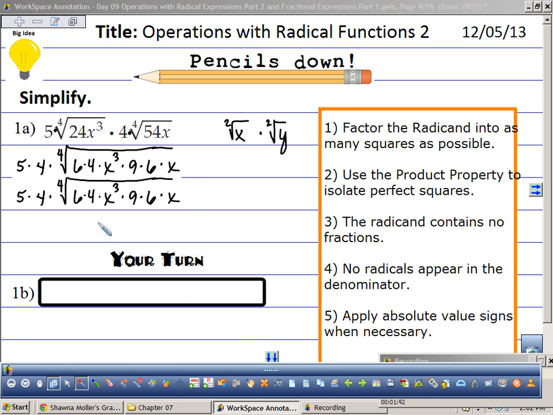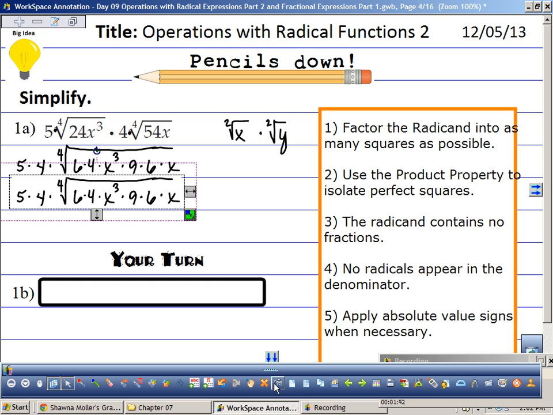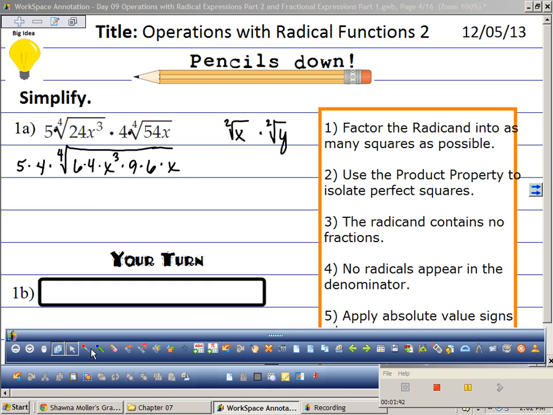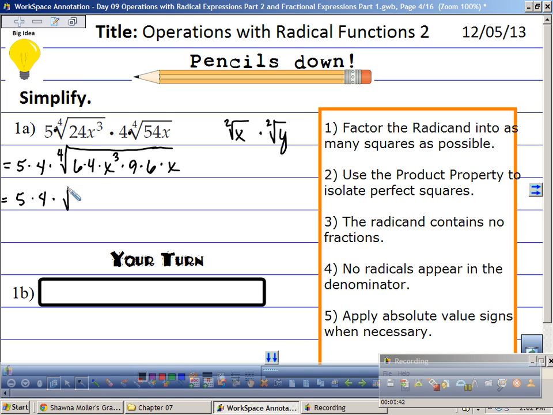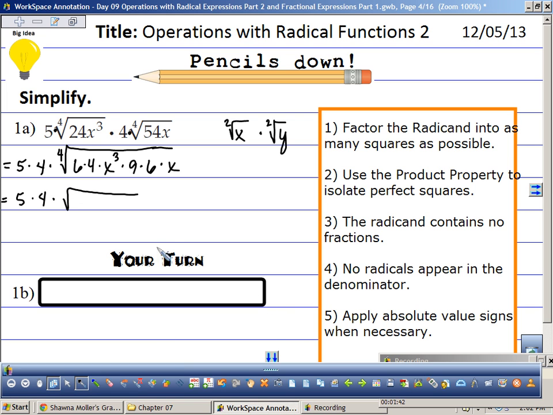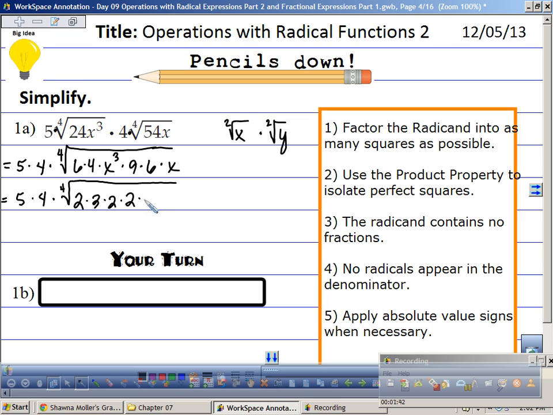All right, so I shouldn't have done that yet. I want to break it down one more time. I have 5 times 4 times 2 times 3 times 2 times 2.